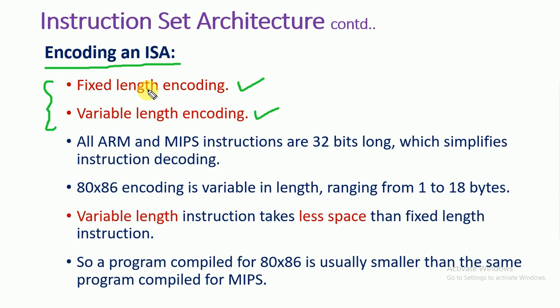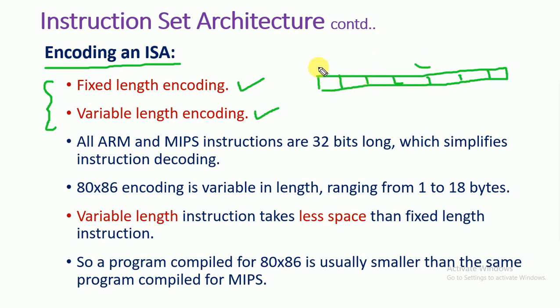For a processor that uses fixed length encoding, the length of the instruction in memory is fixed. Within this fixed length, we need to place the instruction.